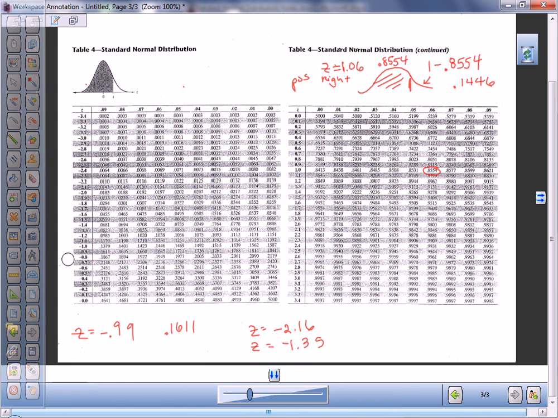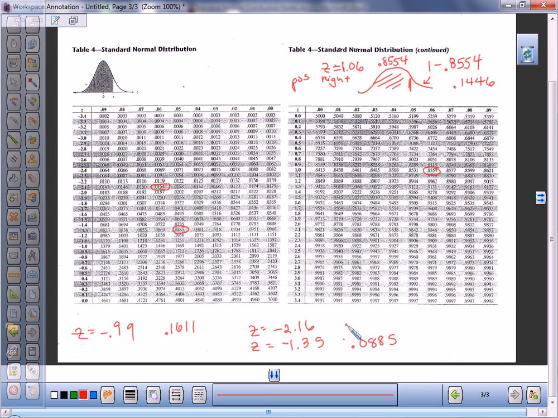This one has an area of 0.0885. Negative 2.16, 2.1 and 6, would give us here, and that has a value of 0.0154.